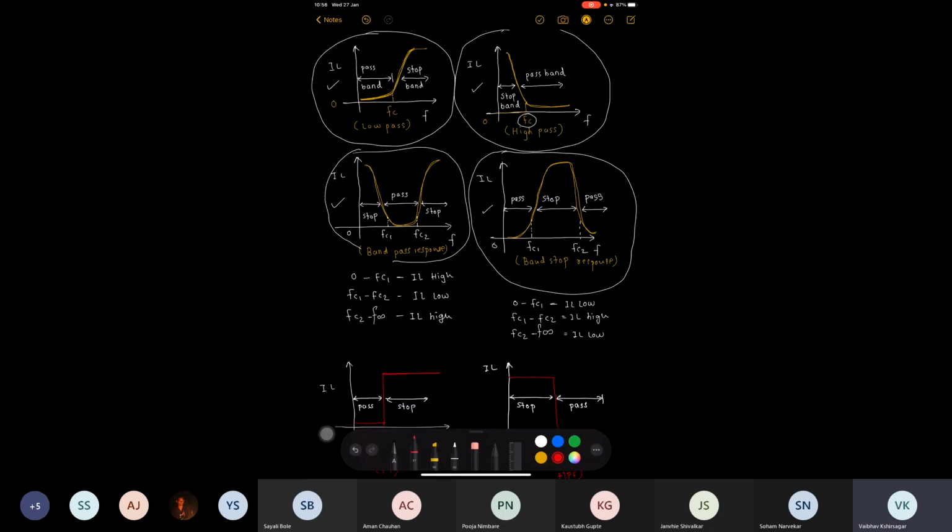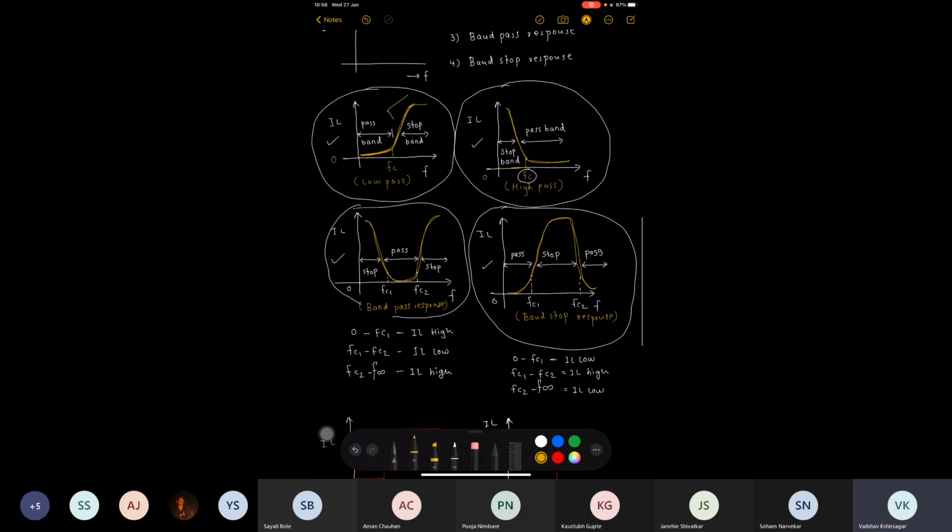What we get here is a gradual response. Gradual response means the response is not sharp and it takes some finite amount of time to make a transition from either the pass band to stop band or vice versa. This is the practical situation.